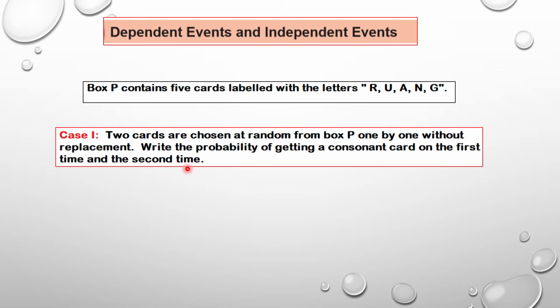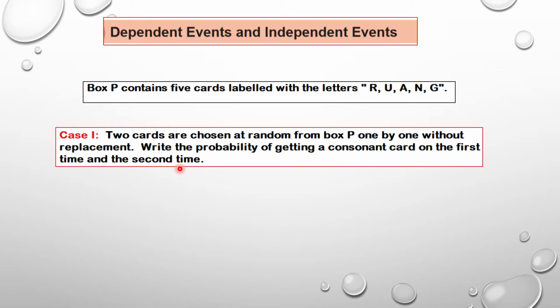Now, if you study the question here, for the first time after getting the consonant card, we are not going to put back the card into the box. Therefore, for the second pick, when we want to pick a card, the number of cards will no longer be the same as the first time. That means it has been reduced by 1 card.